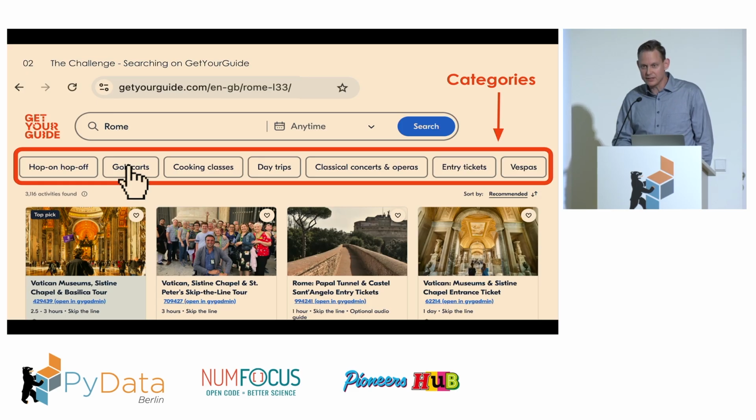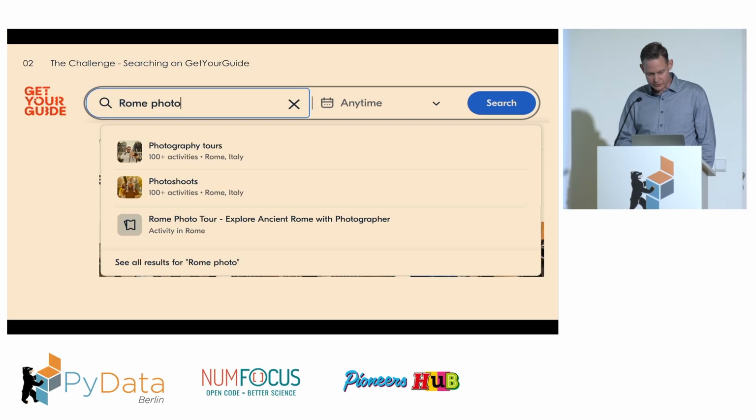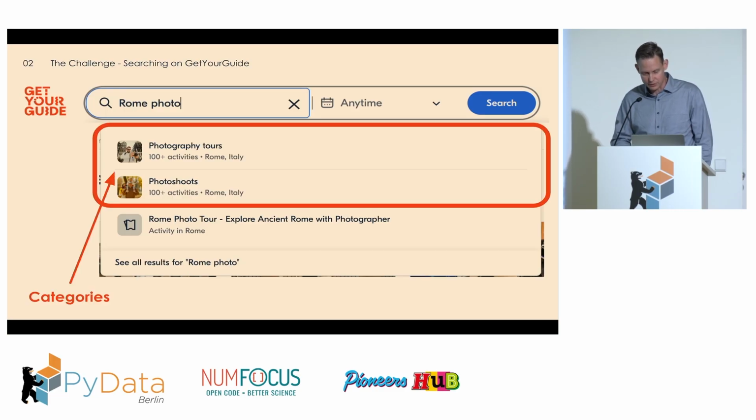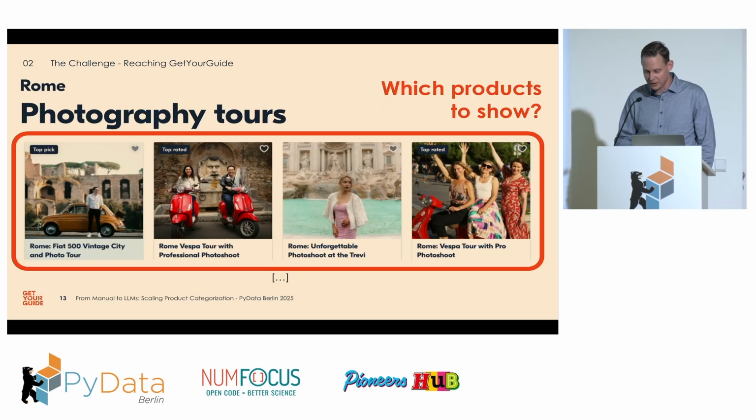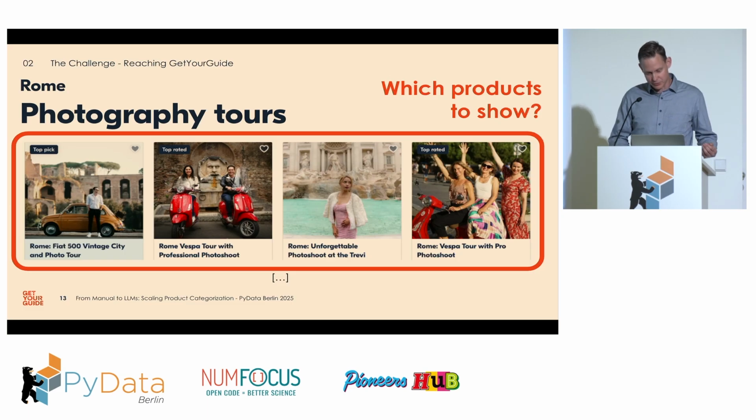And finally, if you use the search bar and type in the query Rome photo, there come suggestions, and these top suggestions are also category based. If you click on one of them, you land again on this page. So I think you got that it's quite important for us to have a good decision of which product belongs to which category.